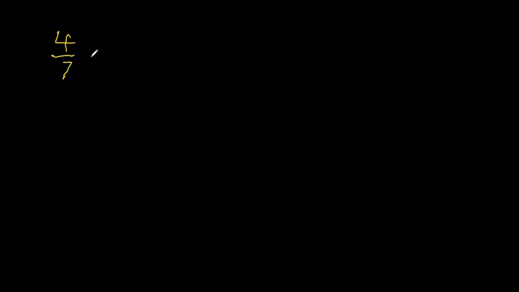4/7 and 2/3. Right? The most consistent way to do this, depending on the size of the fraction, is to establish a common denominator, right? And then whilst you're doing that, you know that the numerators will change.